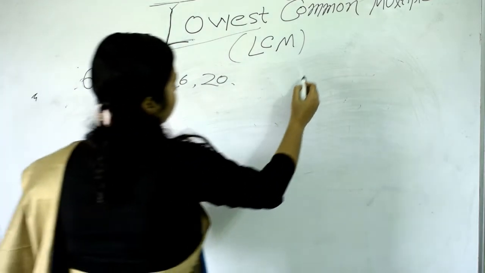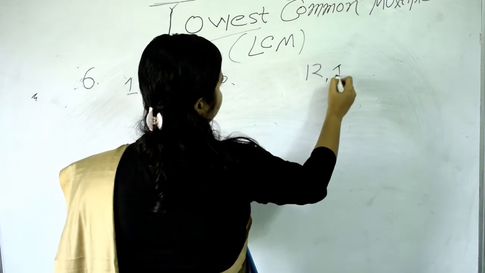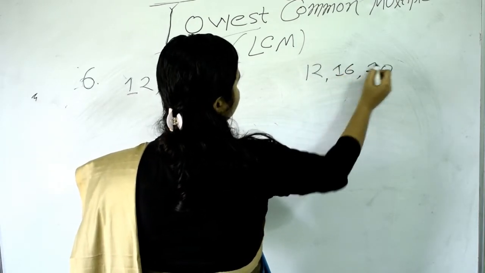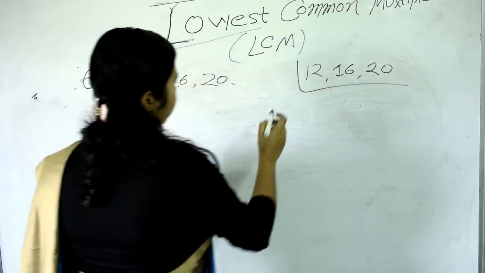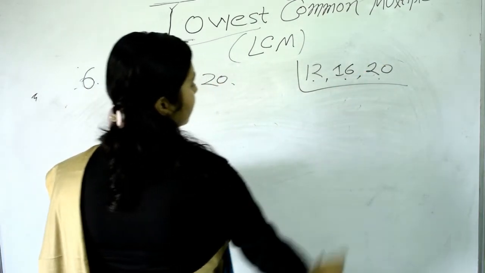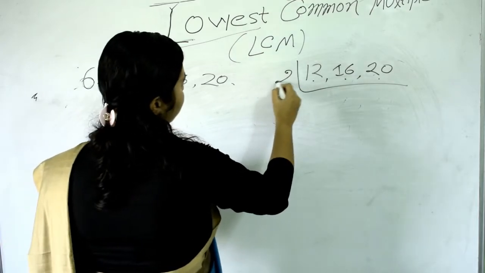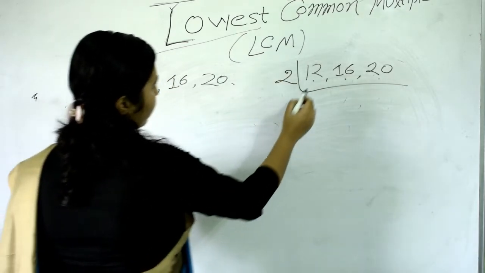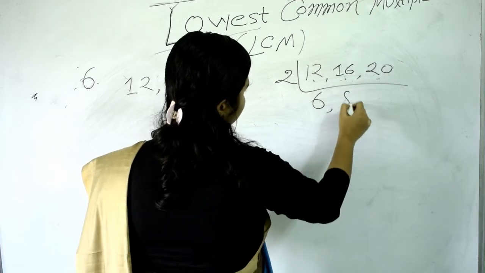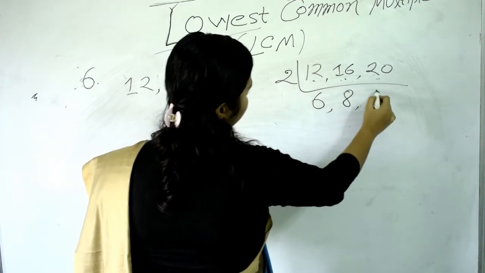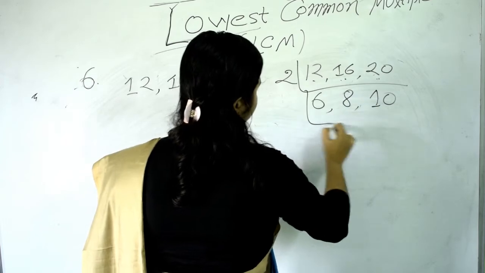So take the prime factorization of three numbers at once. Now all these numbers are even, which means 2 is a common factor of all of these three numbers. First one is 6, 2 8s are 16 and 2 10s are 20.